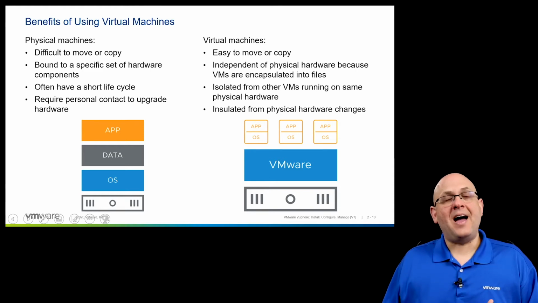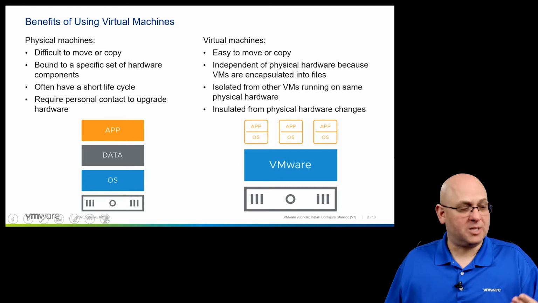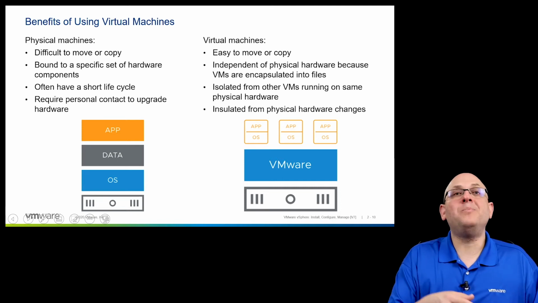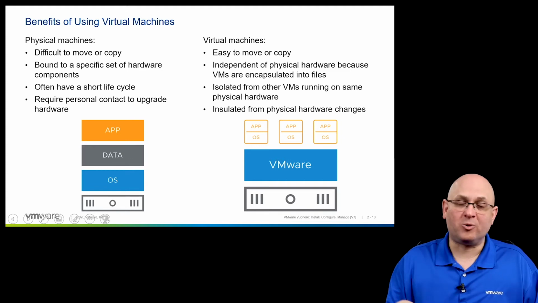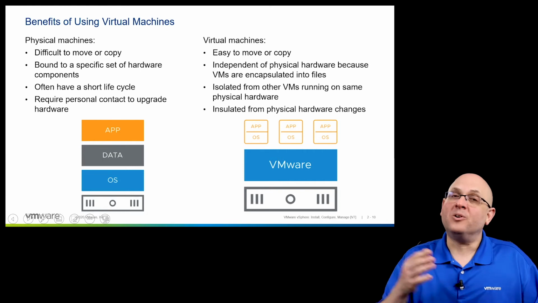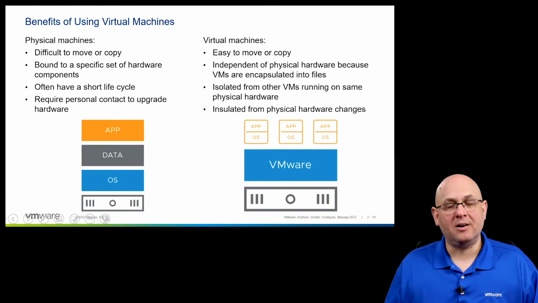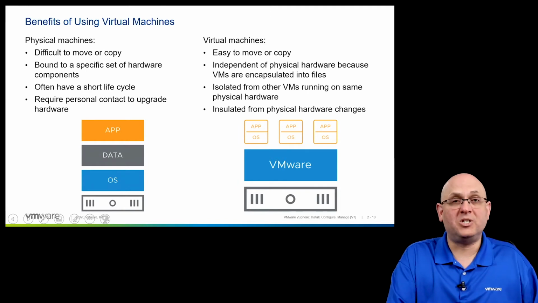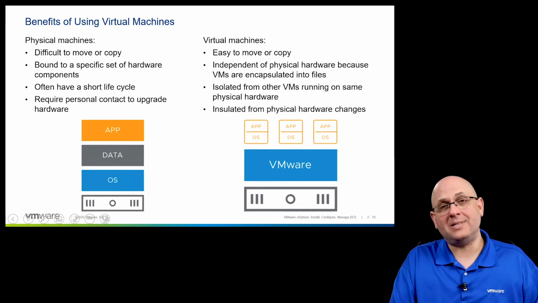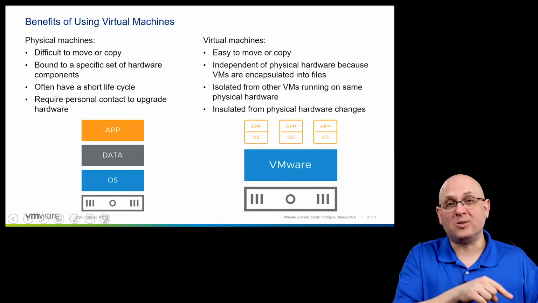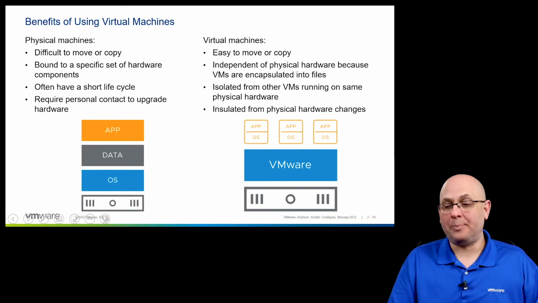So if I have a virtual machine whose software becomes compromised, okay, maybe there was a hack, that doesn't mean that all of the other virtual machines and their software are also compromised. Okay? Those virtual machines are isolated from one another. If I had lots of applications running in the same physical machine, compromising one of those applications would likely lead to the compromise of lots of others running within that same operating system.